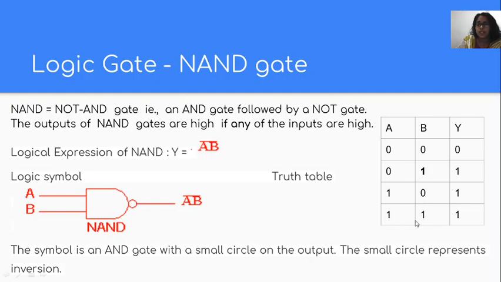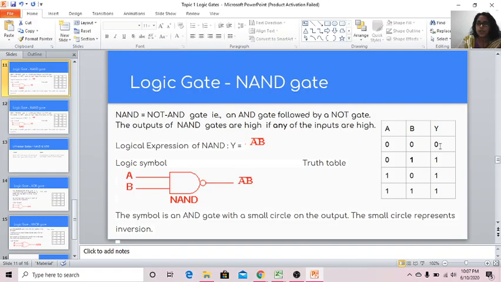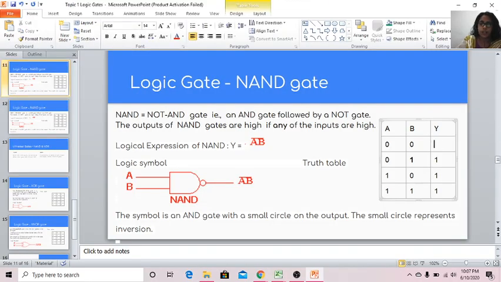But here you can see that, I think there is a mistake. For NAND, 0 0 will become 0, that will be 1. 0 1 will become 0, that becomes 1. And 1 0 is 1, correct? And 1 1 becomes 0. This is the mistake that I corrected.